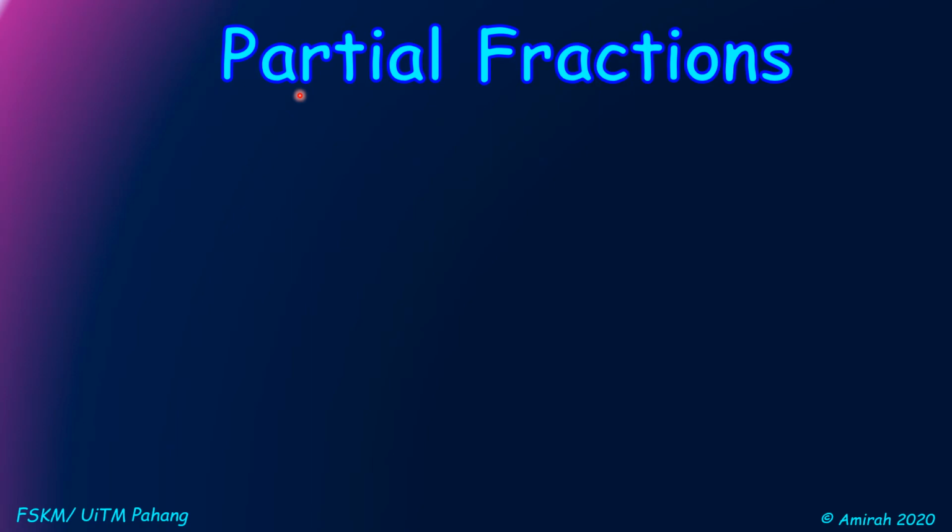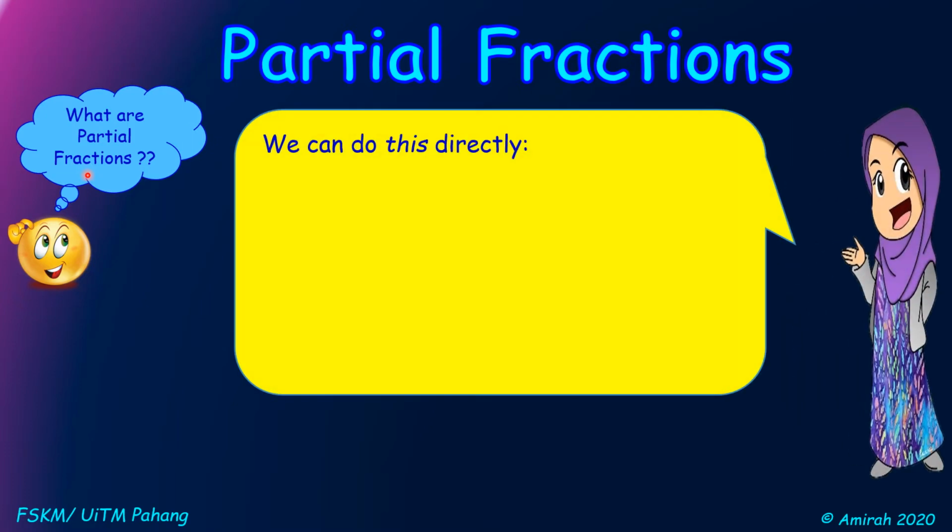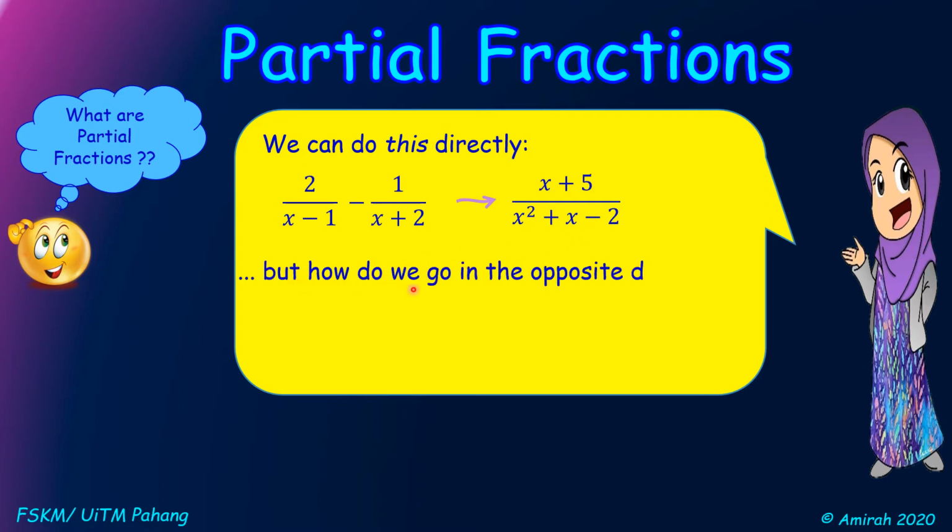Before we go any further, we first look at the partial fractions. What are partial fractions? We can do this directly. 2 over x minus 2 minus 1 over x plus 2 equals x plus 5 over x squared plus x minus 2, right? But how do we go in the opposite direction?